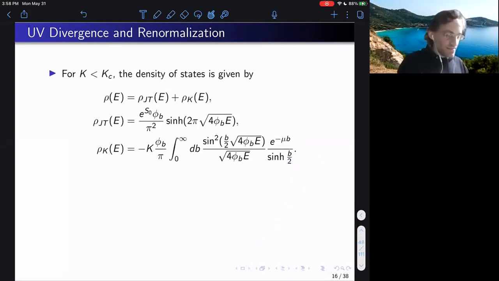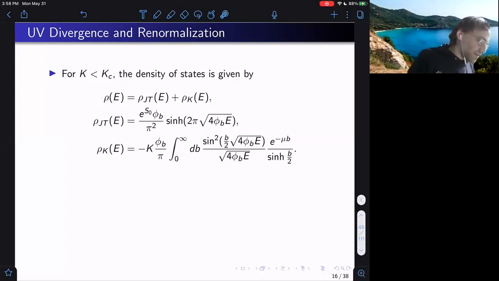Okay, let's assume that k is below this critical value. Then I can write a simple formula for the density of states. It's just a sum of the disk density of states of pure JT gravity, plus this correction, which I'll call rho sub k. Here's a formula for rho sub k. You might notice that this formula is manifestly negative. That means that as I take k large enough, eventually the total density of states rho will have negativity.